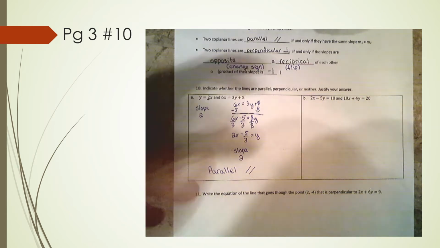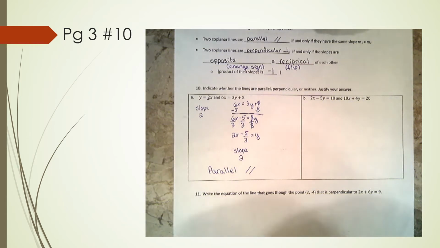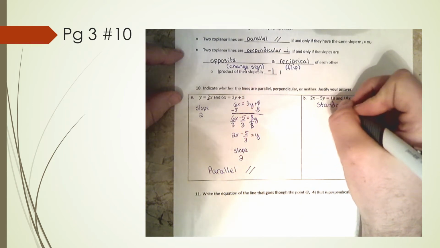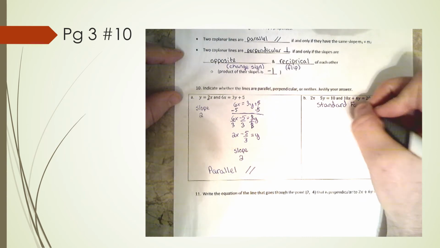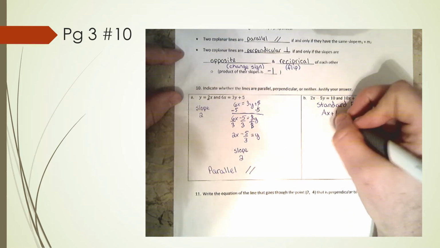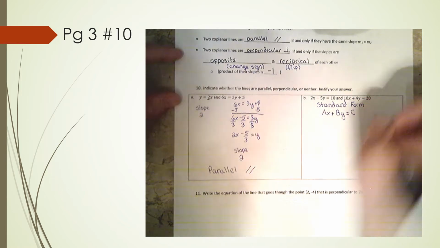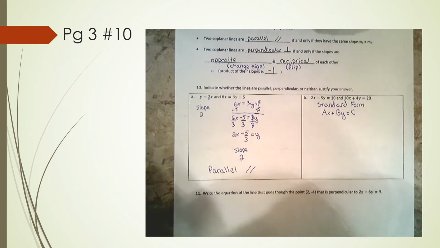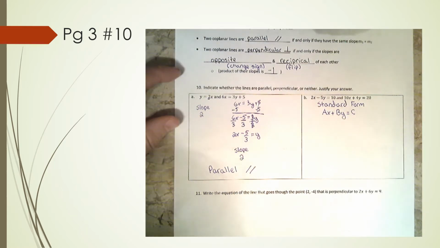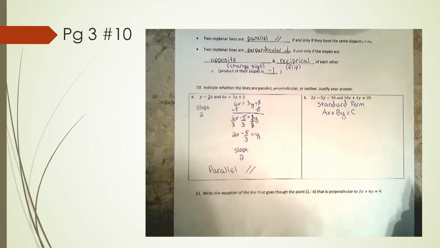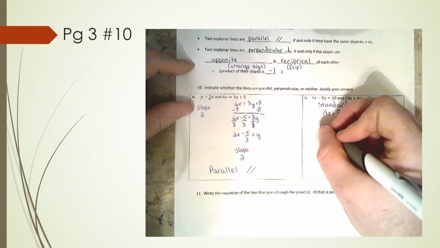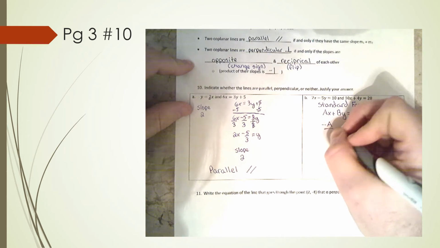Now, for part B, the one right next to it, this one is actually in standard form already. And standard form is ax plus by equals c. Now, to find slope in standard form, you could put it into y equals mx plus b form, but personally, I like to just use the formula of the opposite of a over b.